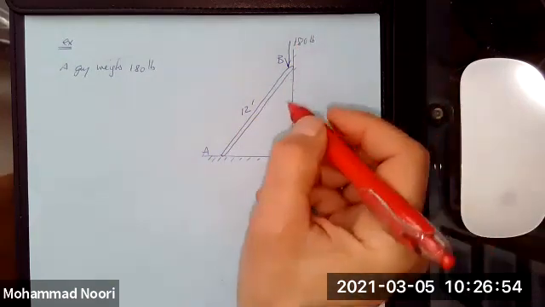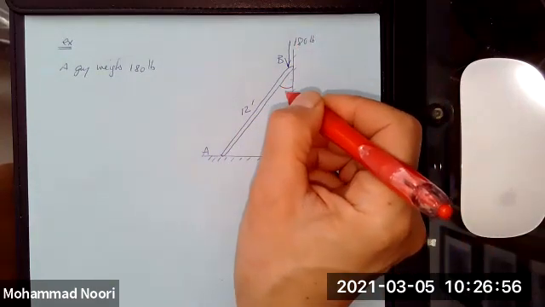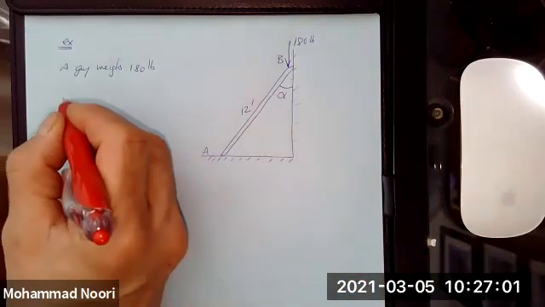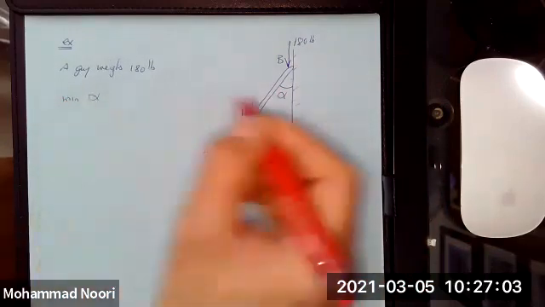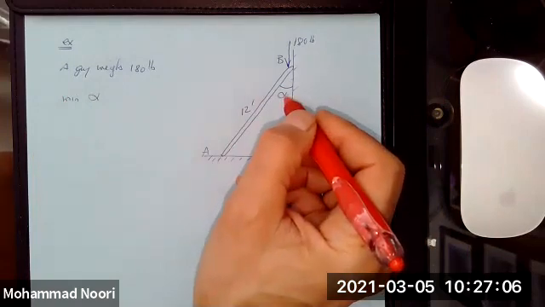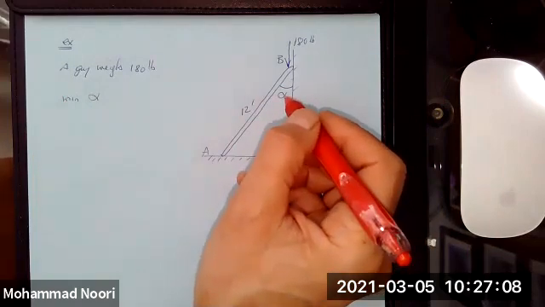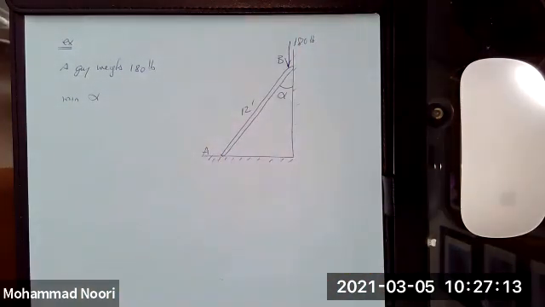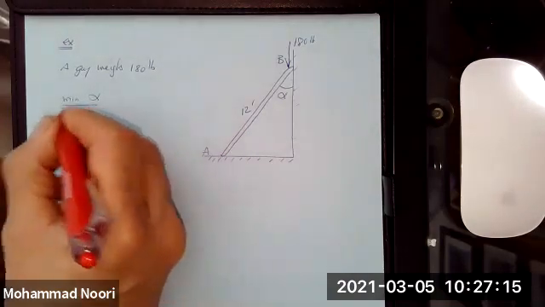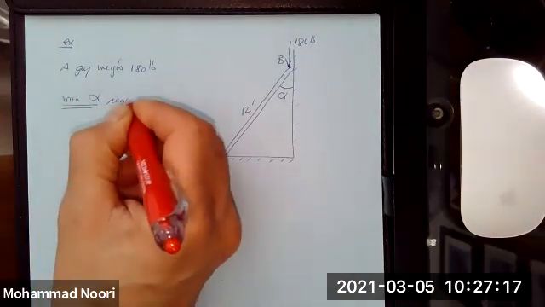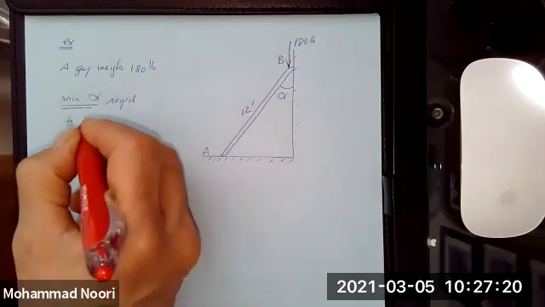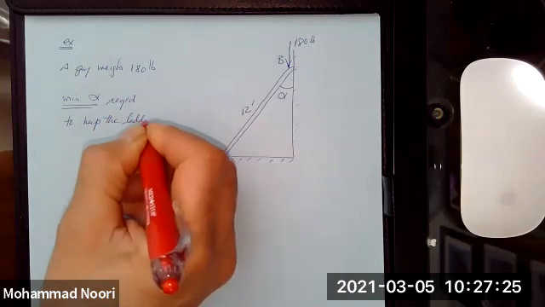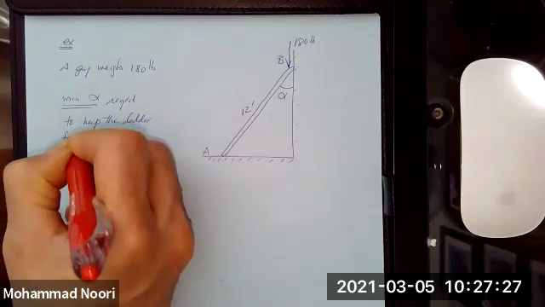So as an engineer, you're given the task: what is the minimum angle alpha required to keep the ladder from sliding?